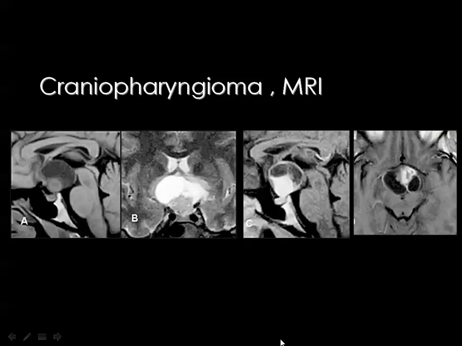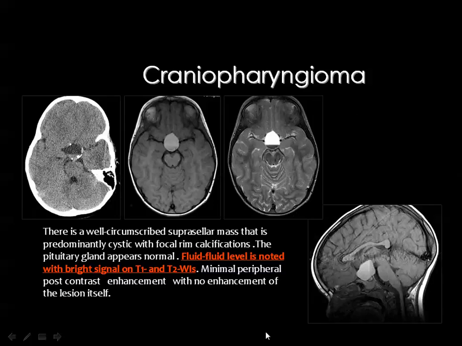And this is also a craniopharyngioma by MRI: sagittal T1, coronal T2, sagittal T1 post-contrast, and axial T1 post-contrast. There is a suprasellar lesion made of a cystic component and a solid component. The lesion is not clearly separable from the pituitary gland. Then you are dealing with a craniopharyngioma.